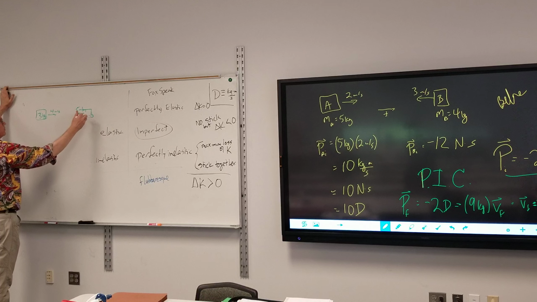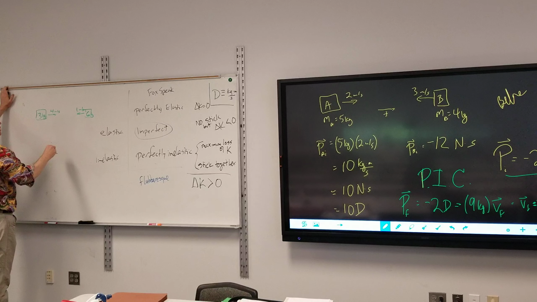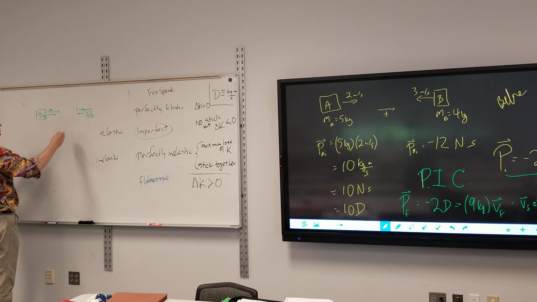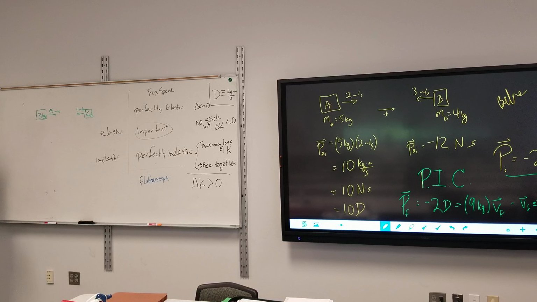Let's make something different. Let's make that 6 kilograms and 1. Make that 5. All right. Stop in there. So 3 kilogram mass going to the right at 5 meters per second, 6 kilogram mass going to the left at 1 meter per second. In which direction will they, if it's a perfectly inelastic collision, in which direction and how fast? In other words, what's the final velocity?